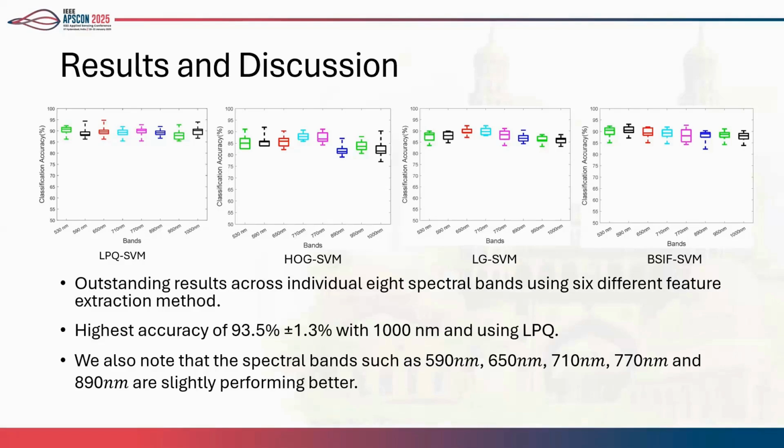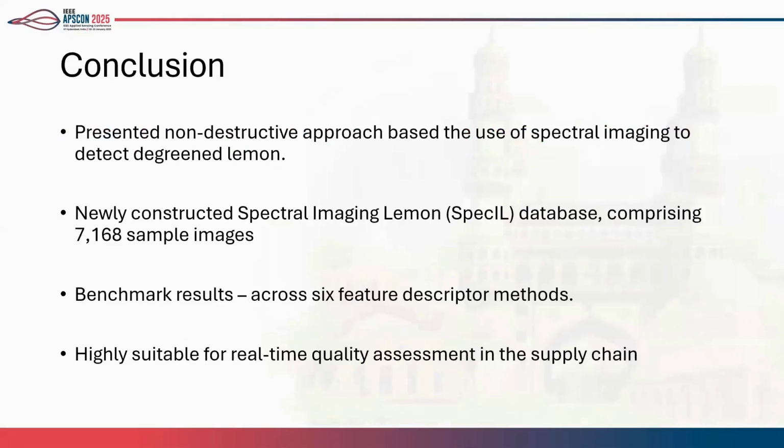So these are the results that we have obtained based on the experimental setup. Finally, in the conclusion, what we have obtained from this paper is a non-destructive approach, which no one has done in the literature.